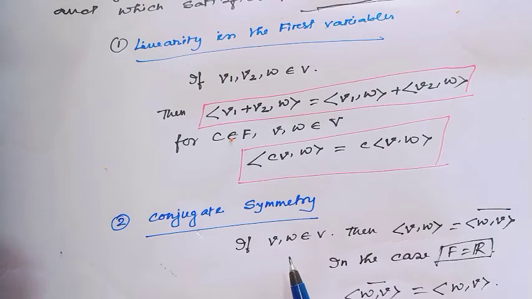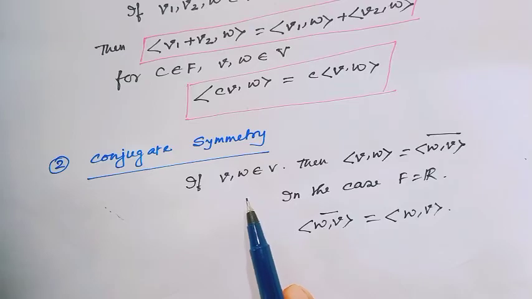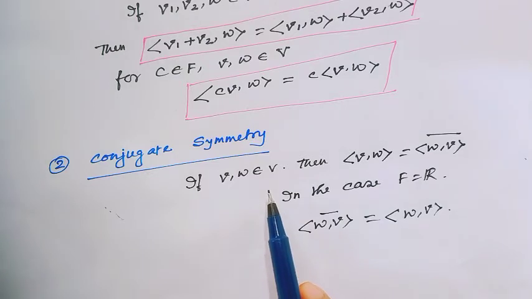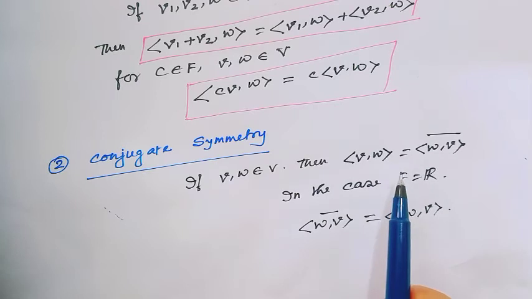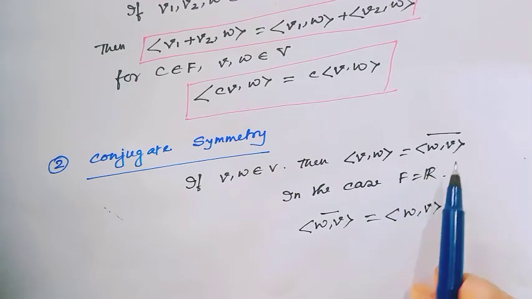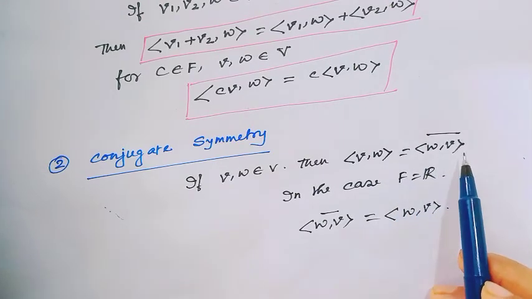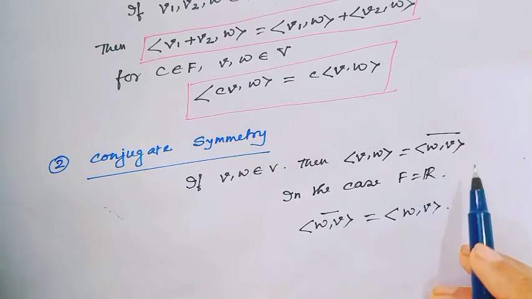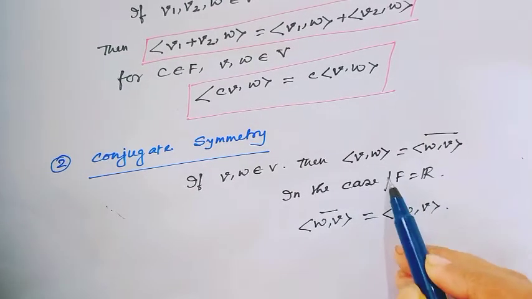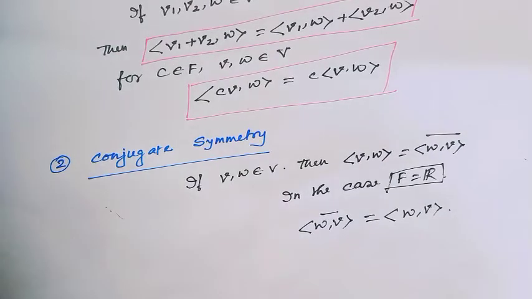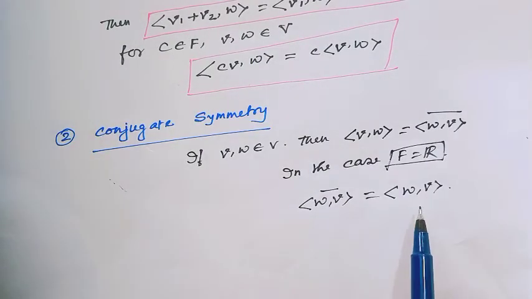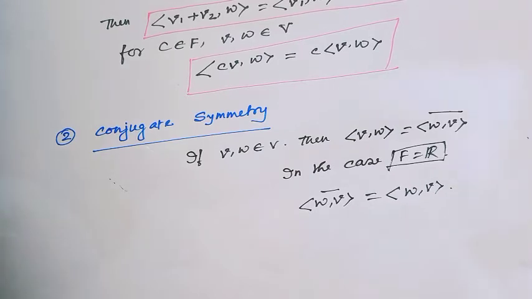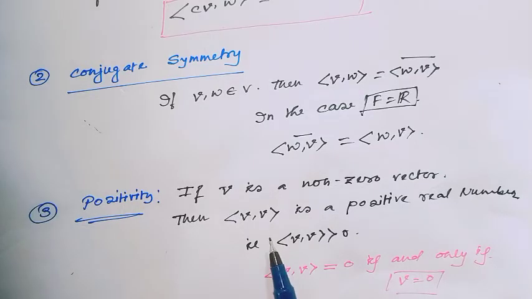Then our next property is conjugate symmetry. If v and w are two vectors in the vector space V, then inner product of v and w is always equal to the conjugate of inner product of w and v. And if we consider the field equal to real numbers, then the conjugate of inner product of w and v is always equal to inner product of w and v. Next property is positivity.